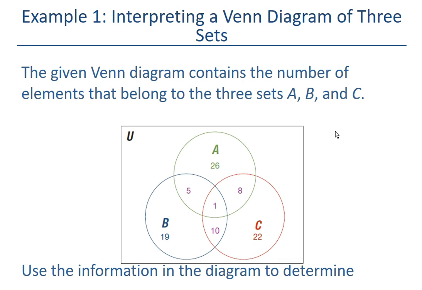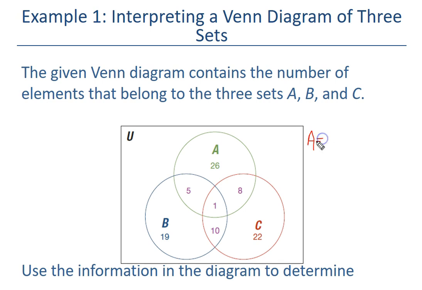So we're going to take a look at this Venn diagram of 3 sets, A, B, and C, and they're giving us some information. For instance, they're not asking this, but if they did, how many elements are in set A?